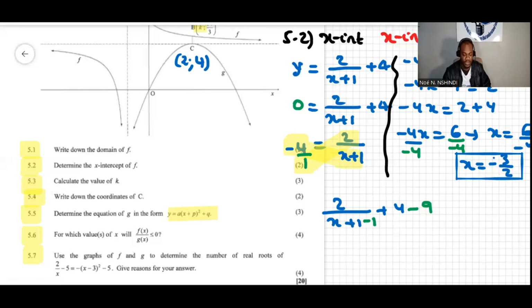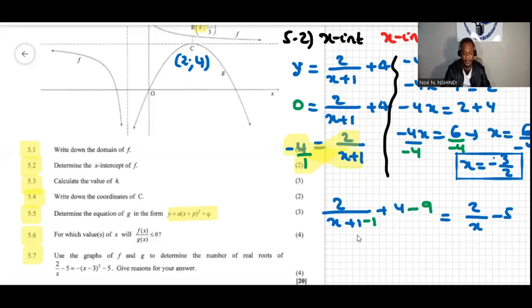That's why this is now equal to 2 over x minus 5, because the 1 minus 1 cancel out, and 4 minus 9 makes negative 5. So the same graph is shifted 1 unit to the right, and then 9 units downwards.